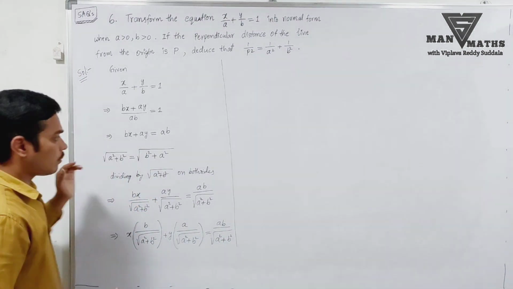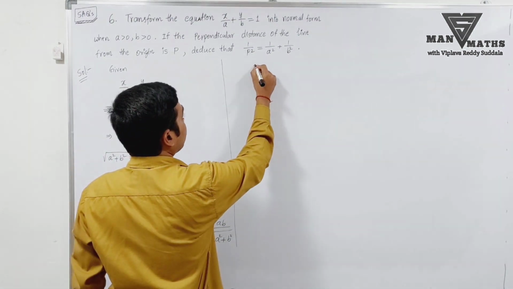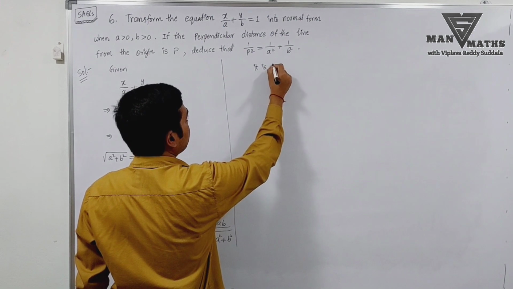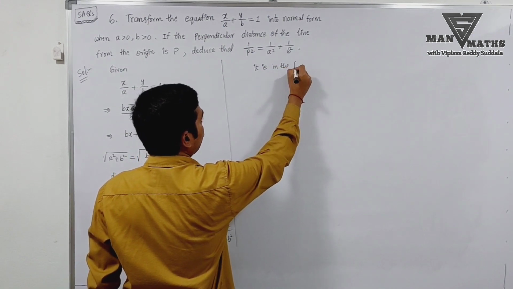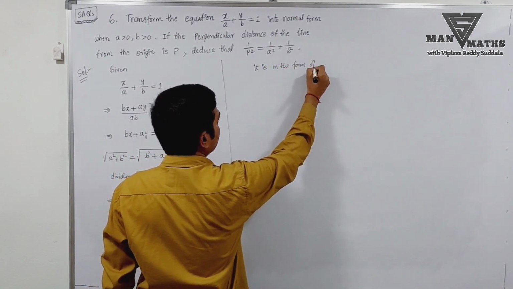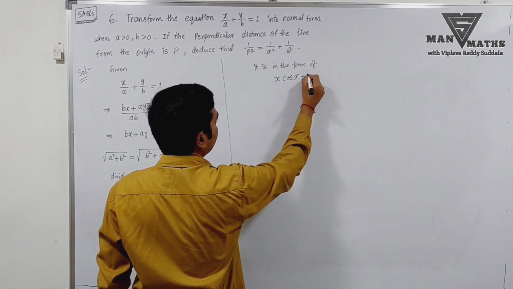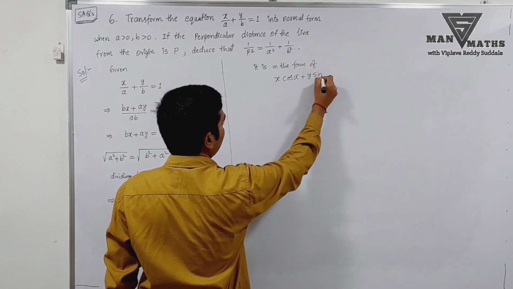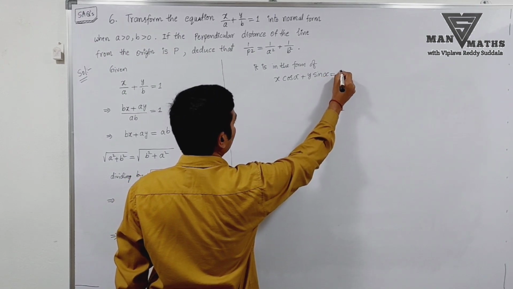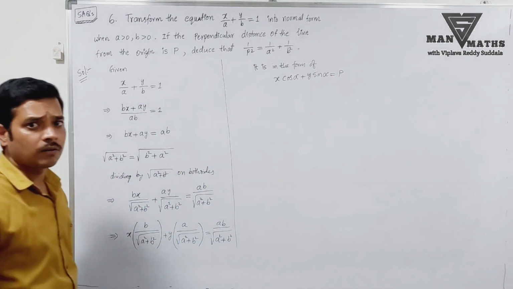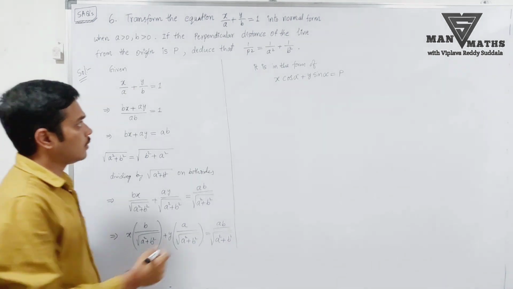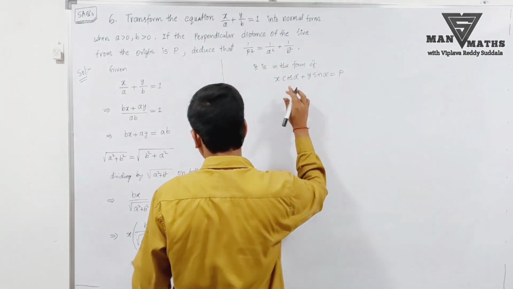So it is in the form of x cos alpha plus y sin alpha is equal to p, nothing but the normal form of a straight line. Now compare this equation and this equation.